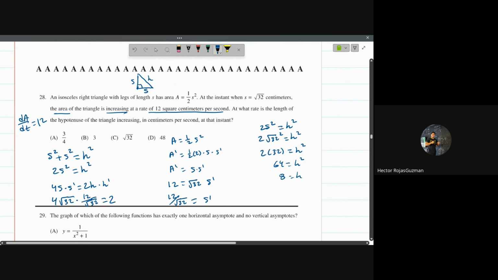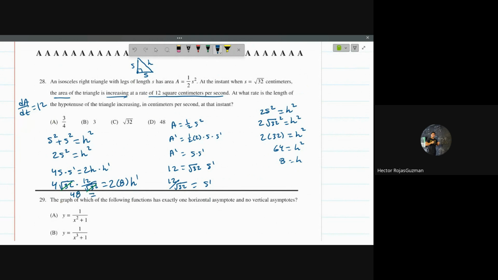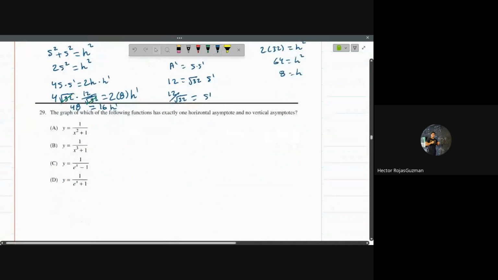So then this 8 goes over here into the formula where we can now solve for h prime. Luckily, these cancel, giving us 48 equals 16 times h prime. And when you divide by 16, you get 3. Just barely enough room. 2 more questions to go.